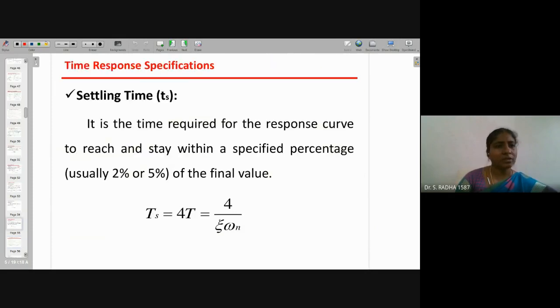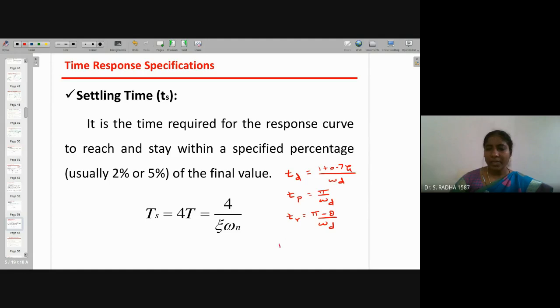Just, we will have a list. Delay time, we had 1 plus 0.7 eta by omega d. Then peak time, we had pi by omega d. Rise time, we had pi minus theta by omega d.